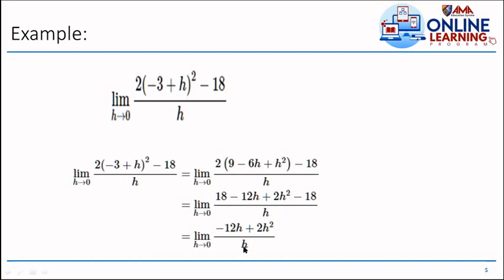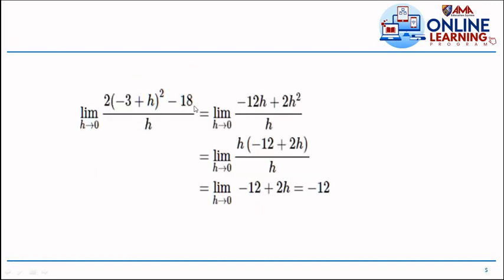By this time, if we substitute h equal to 0, the denominator is 0. But we can still factor the numerator and denominator. Looking at our numerator, the common factor is h. So we have negative 12h plus 2h squared.